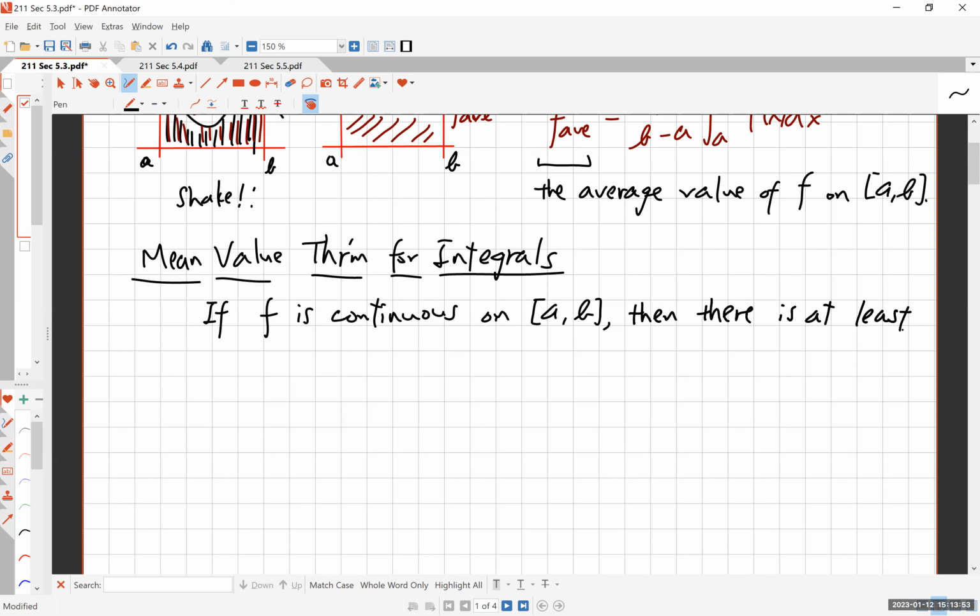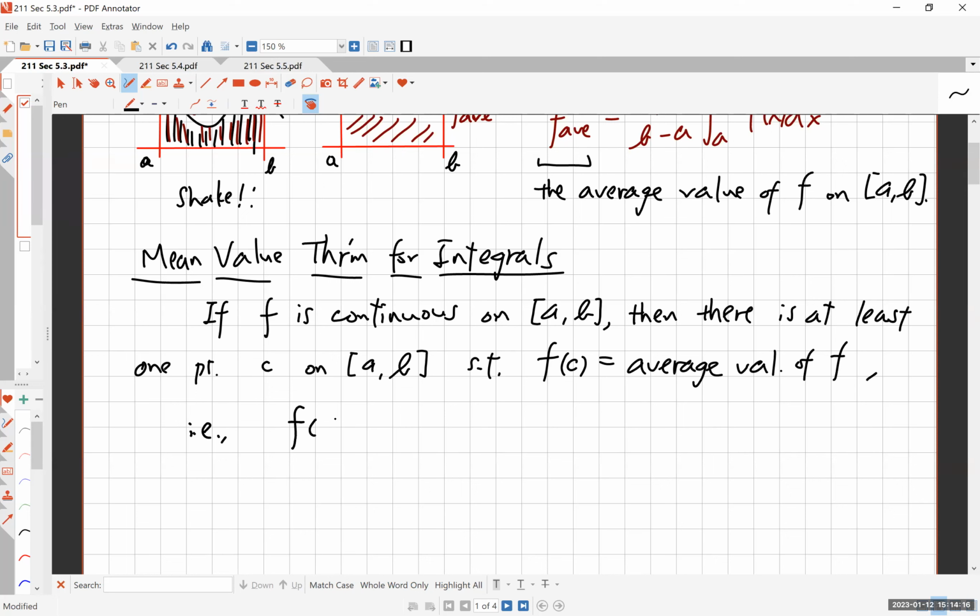You can just say there is a point, but to be more precise, I would say there is at least one point c on this interval such that f of c is the average value of f. And that means this is an equivalent statement: there exists a point c such that f of c is going to be the average value of f between a and b.